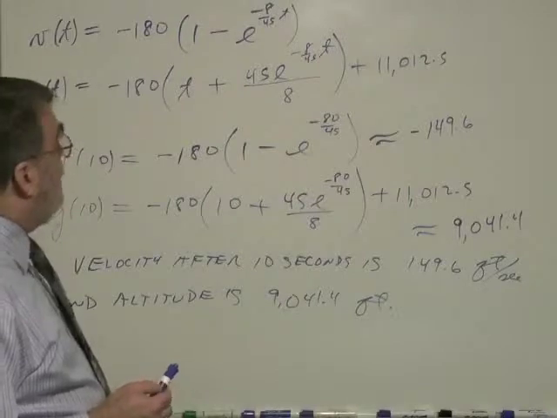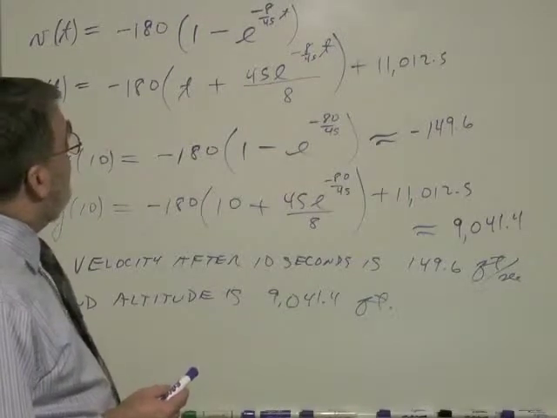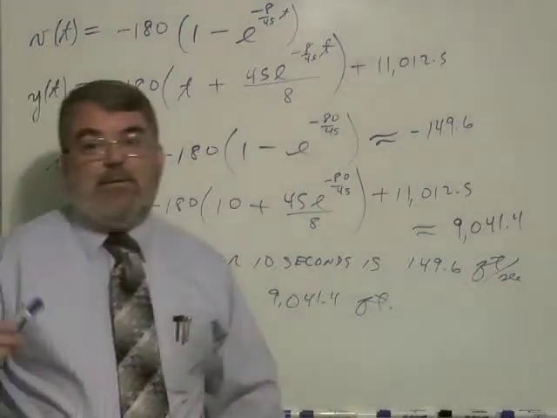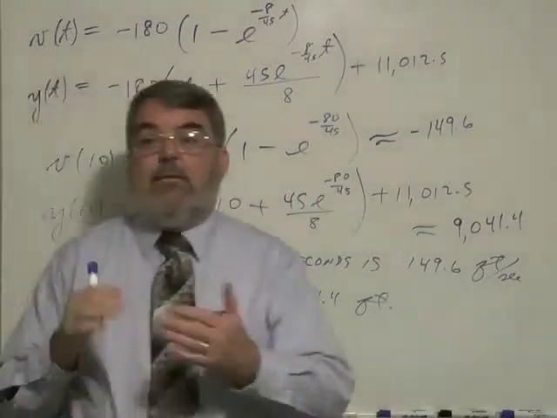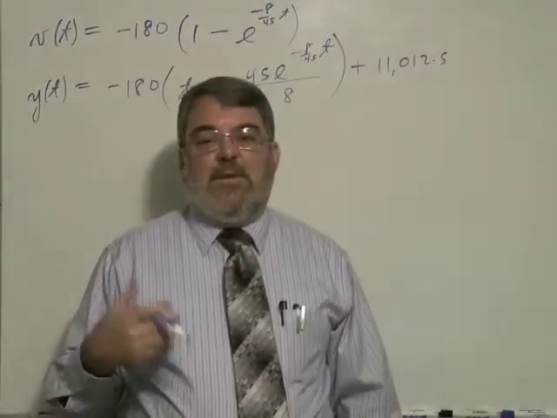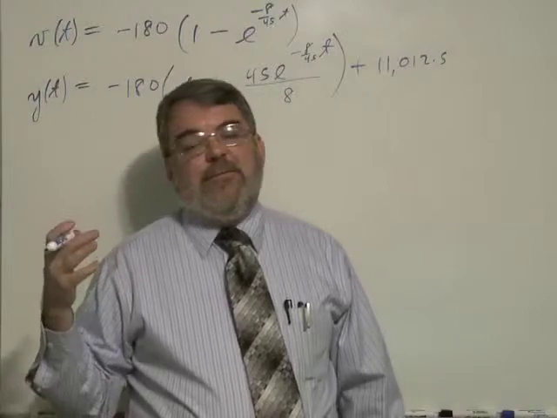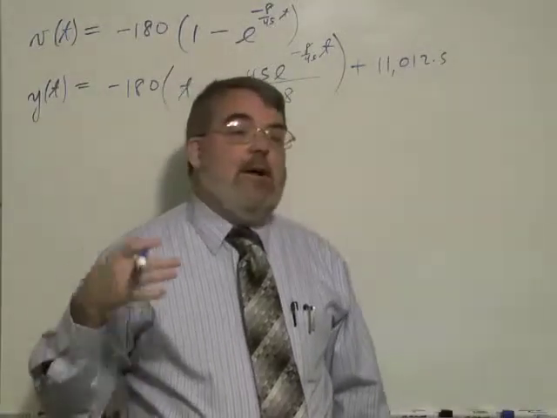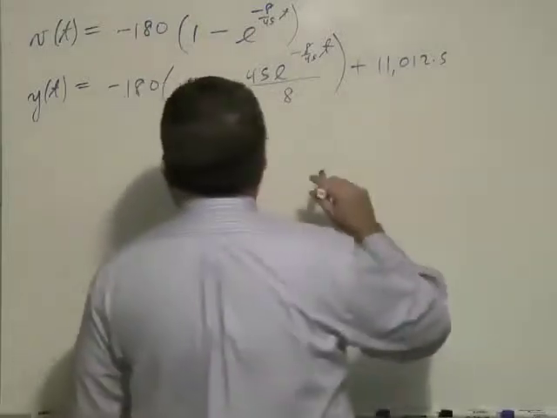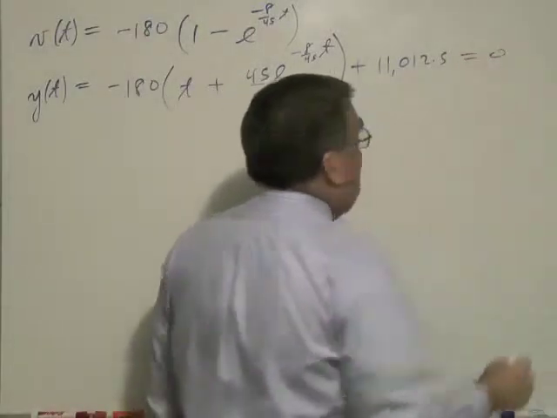Okay, well, I'm going to do some erasing here, and then we'll figure out the other question. How long before you hit the ground, and how fast are you going when you hit the ground? Well, to solve that, I need the position to be 0.